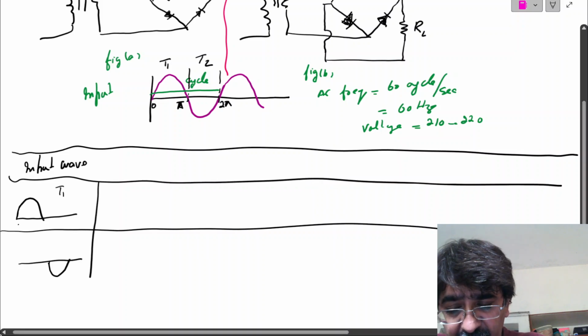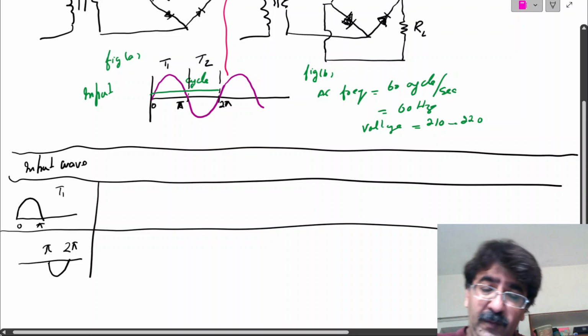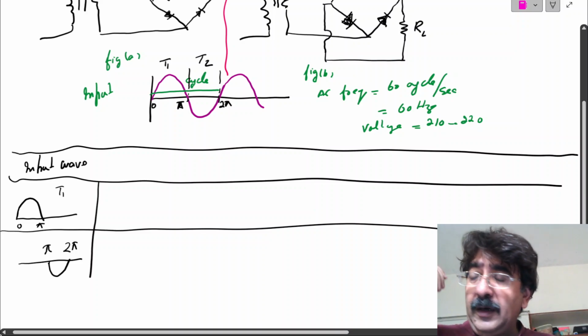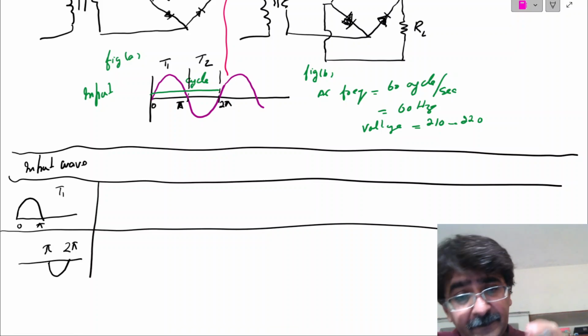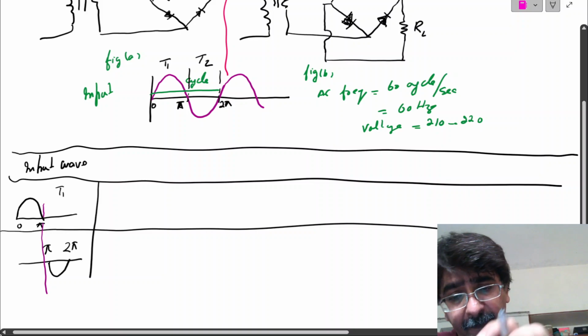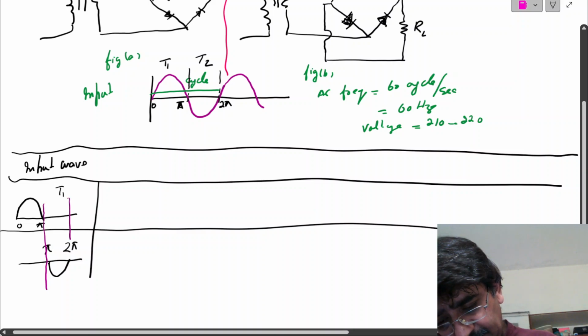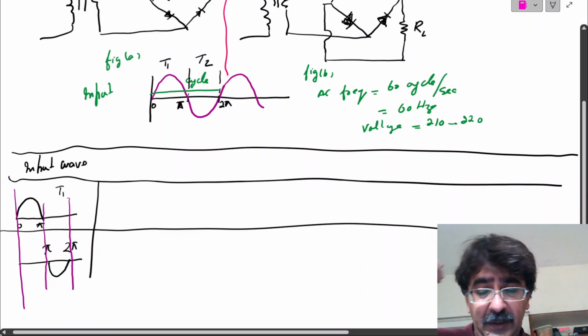As you may observe from the diagram, the first row represents T1, the input wave for time 0 to pi.